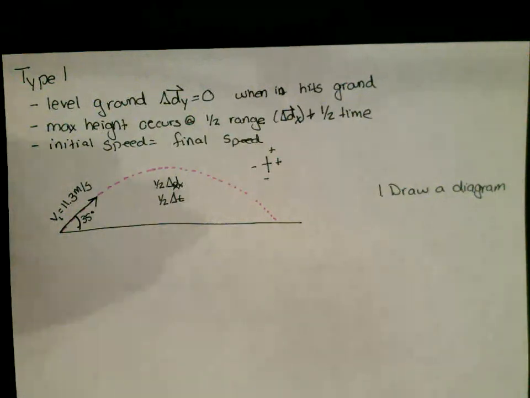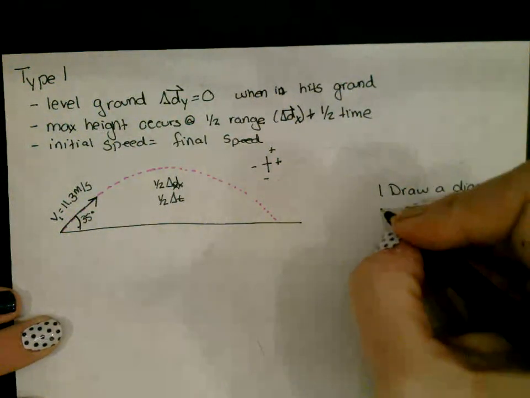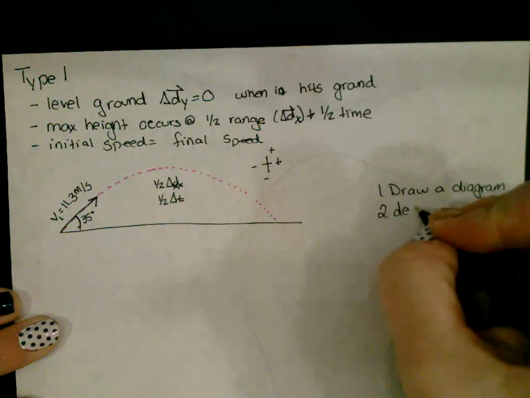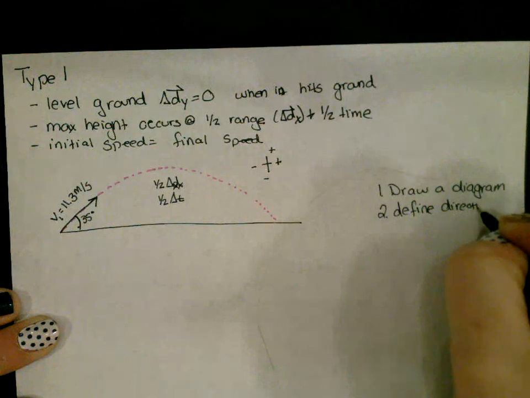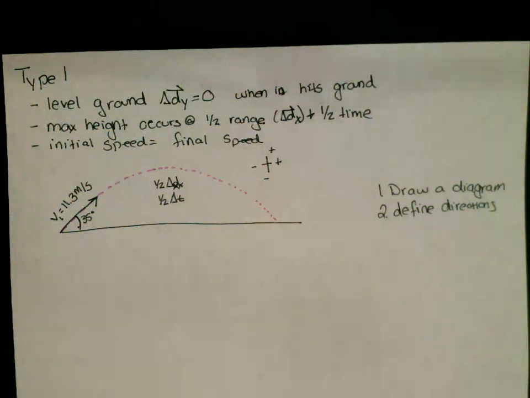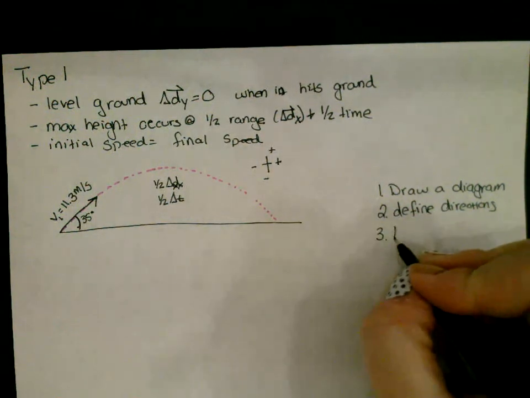So I've got my diagram drawn. Now I want to define directions, which I did. I drew my compass and I defined my directions. So now I'm going to label my variables.